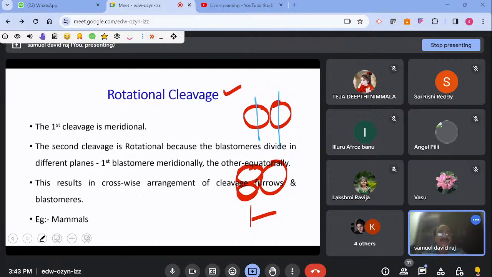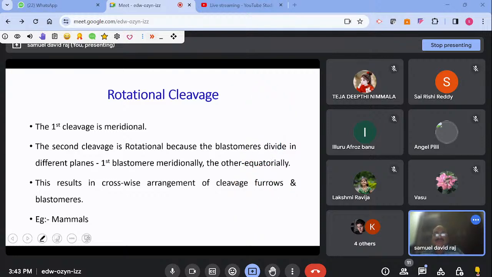This is followed by the third division. Actually, this is the second division for this one, but for us it is the third division, which takes place in this. Likewise, after that, the cleavage rotates between the cells. Hence, we call it rotational cleavage. The first cleavage is meridional, resulting in daughter cells.